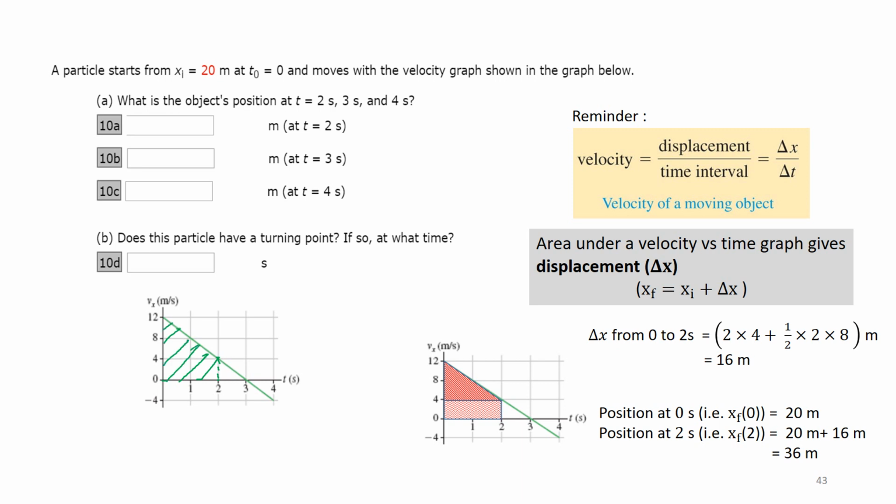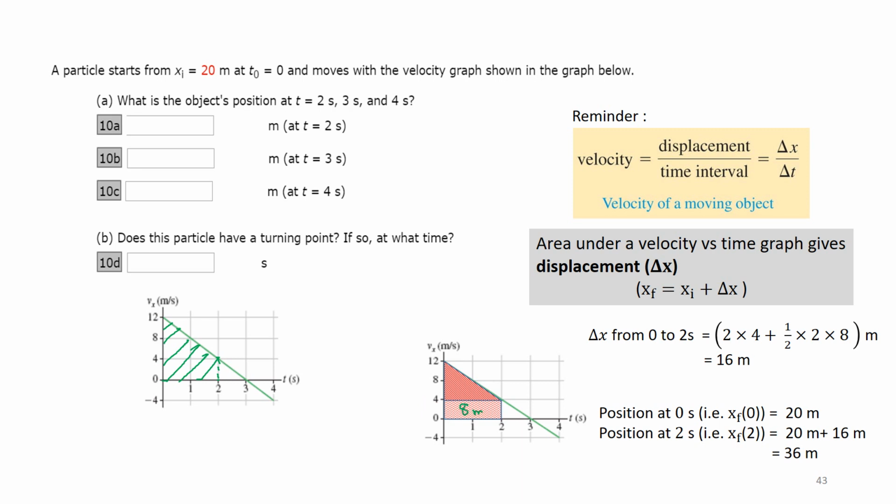So this is the area under the graph between 0 and 2 seconds. It represents delta x between 0 and 2 seconds, right? So how do you find the area of this section? You break it up into a rectangle and a triangle. So what's the area of the rectangle? You multiply the base and the height. You multiply 2 times 4. You get 8 meters. Let's write this down.